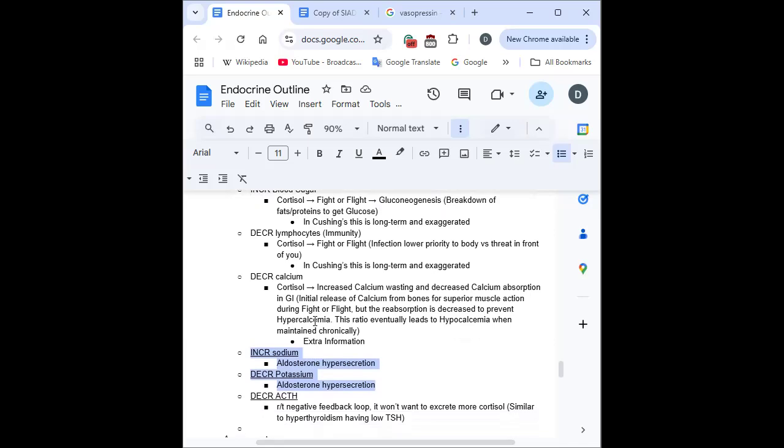Again, when you're in fight or flight, all of this stuff is occurring, but definitely not to such a degree that it's causing long-term effects. But because someone with Cushing's has consistent and chronic release of the hormone, they're having this exaggerated and chronic progressive impact.